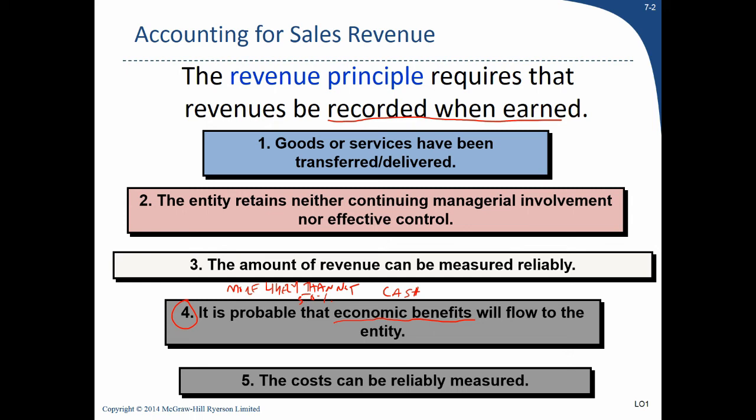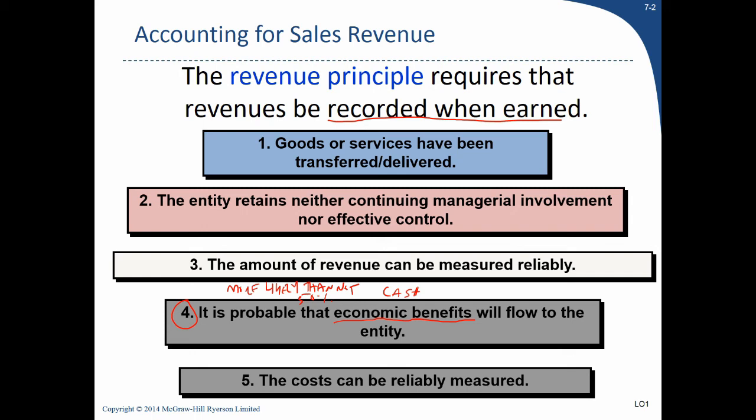If our customer is deep in debt and they haven't paid us for the last 360 days, like a whole year, and we're still shipping them inventory and we're recognizing revenue, well, test 4 isn't really met. It is not probable. It is more likely that they're not going to pay us. And by not paying us, that means the economic benefits will not flow to us. Okay, so you'll see how we sort of account for that separately.